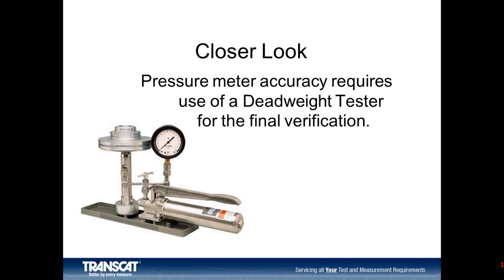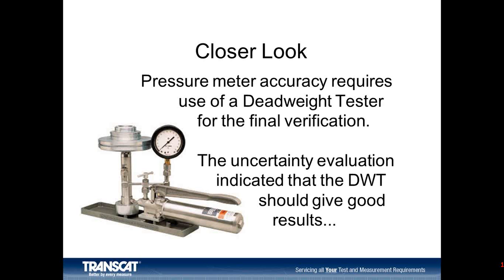So the engineers took a closer look at the process. They recognized that the accuracy of this pressure indicator requires the use of a deadweight tester for the final verification.